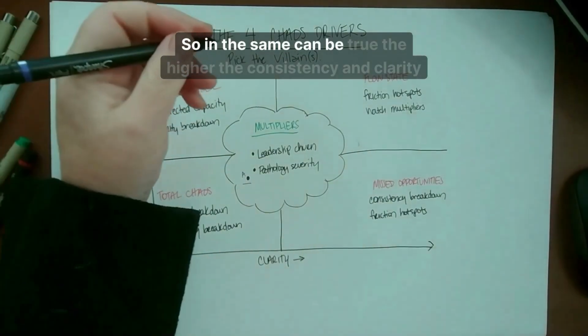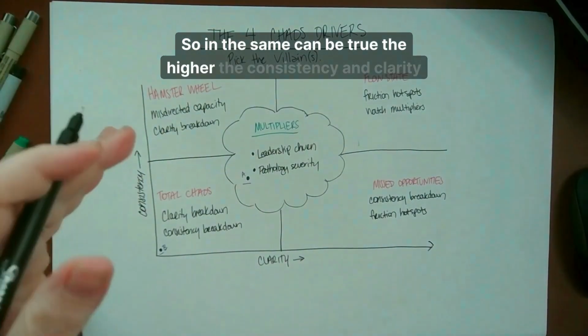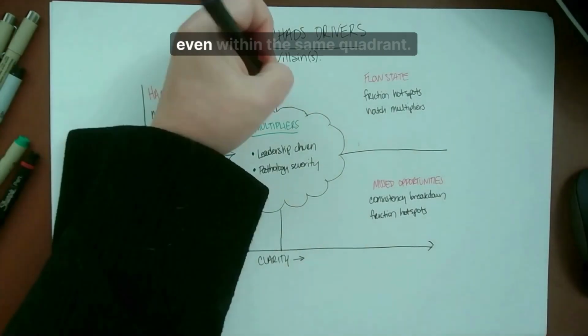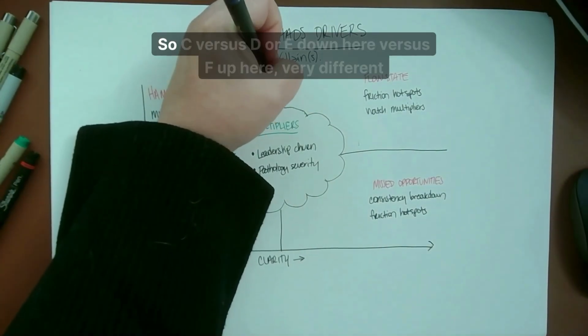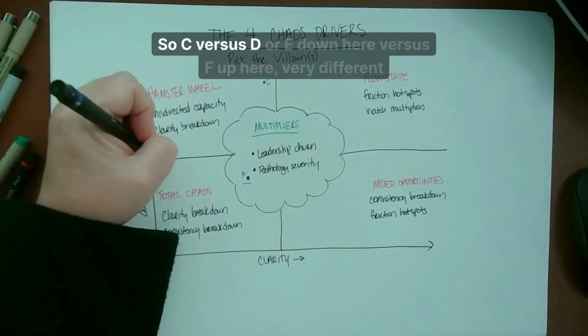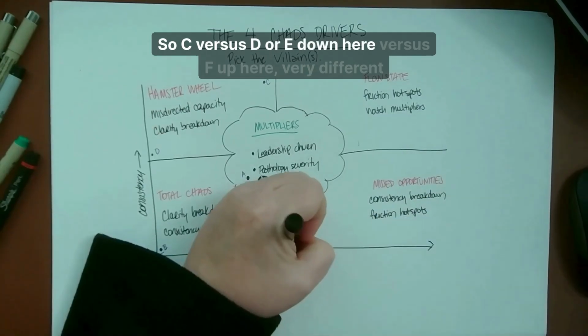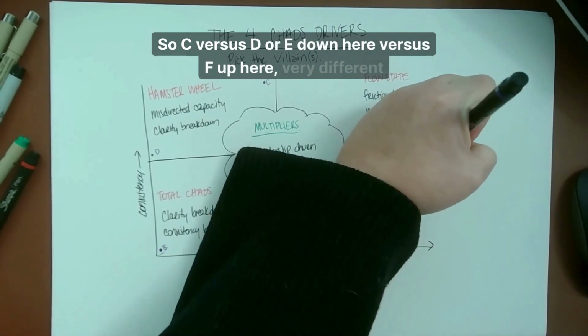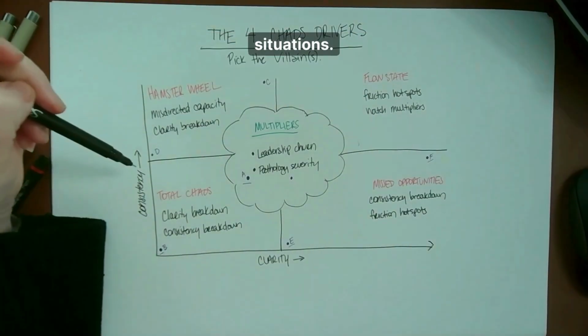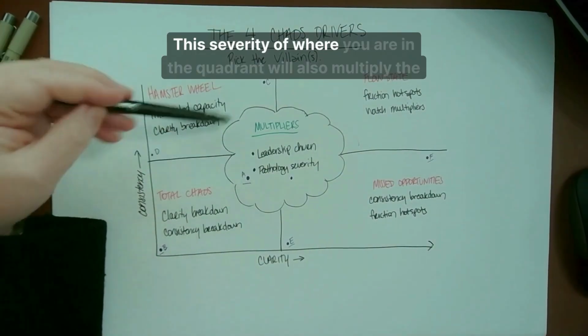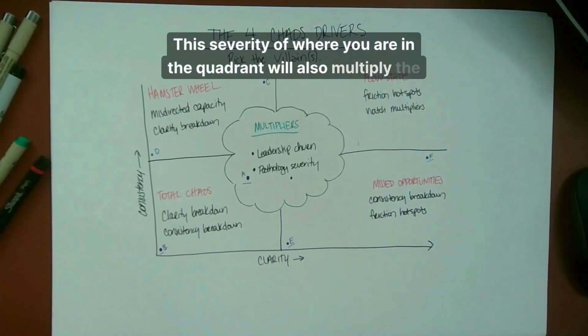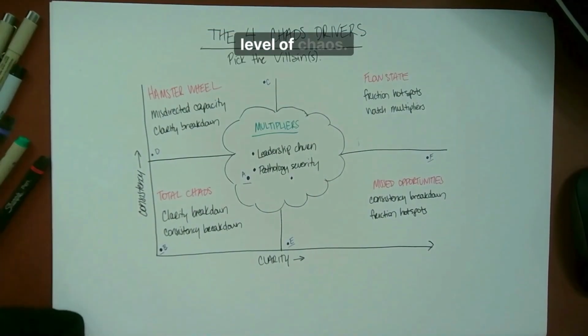And the same can be true the higher the consistency and clarity, even within the same quadrant, so C versus D, or E down here versus F up here, very different situations. This severity of where you are in the quadrant will also multiply the level of chaos.